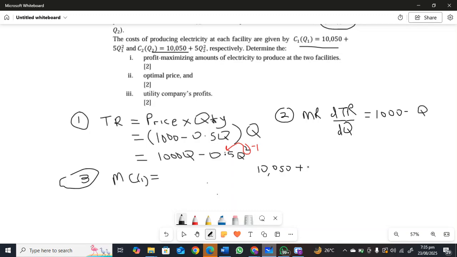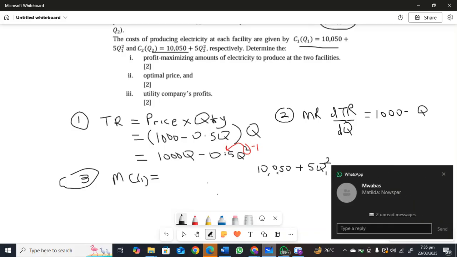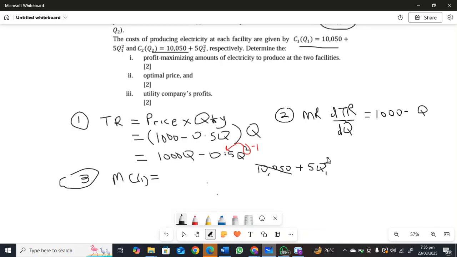Since 10,050 doesn't have a Q, it goes. Then remember, multiply the exponent: 2 times 5, that is 10. Subtract a 1 from the exponent. So it's 10 Q1 to the power 1.